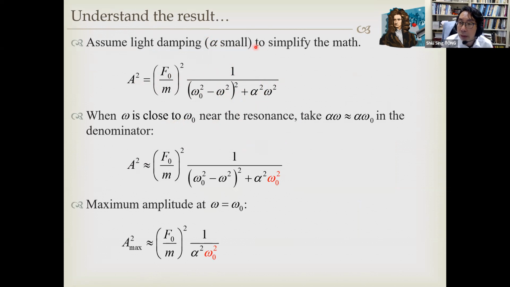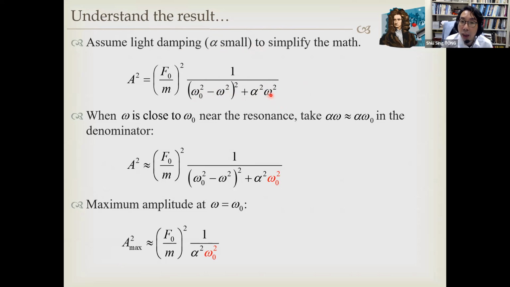If alpha is small enough, then the second term in the denominator will be small, and that will affect the result only if omega is close to omega naught. In the vicinity of omega naught, the second term will not be negligible.